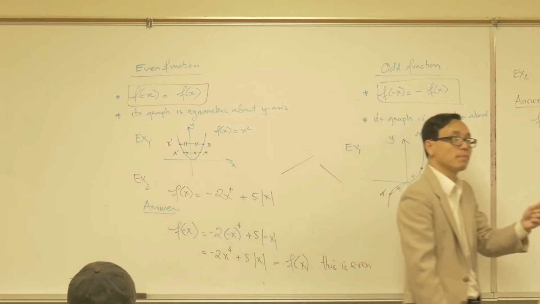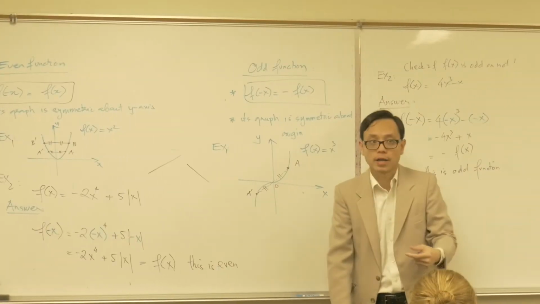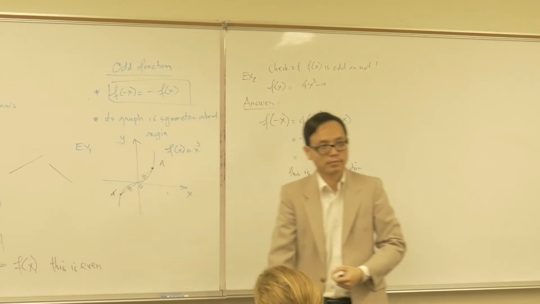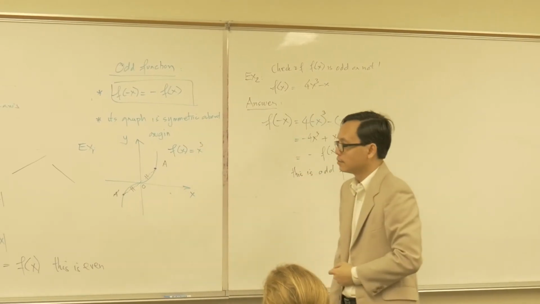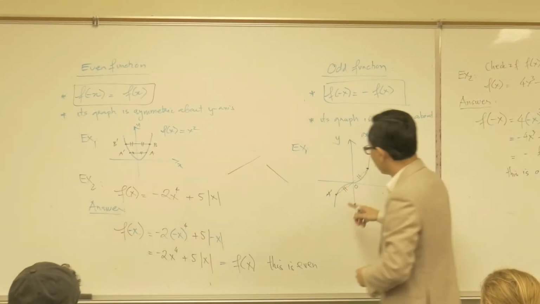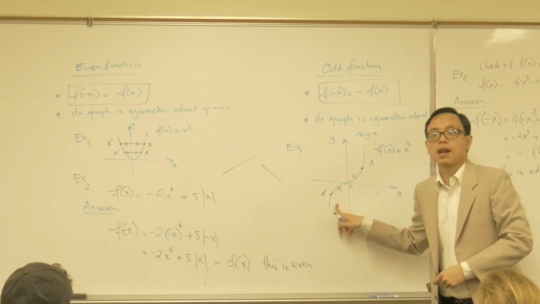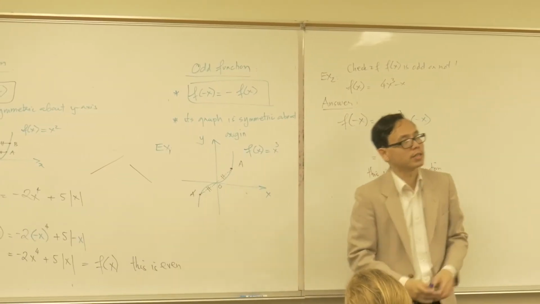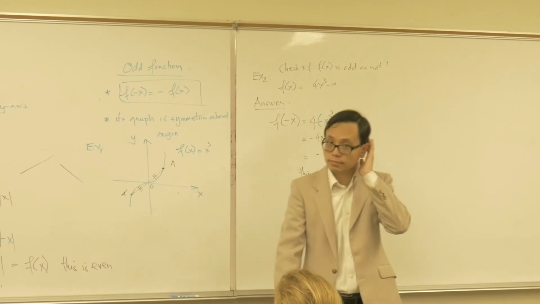But that is when we talk about linear functions. What if a function is not linear? For example, something like this. This is non-linear because it's not a line. Then how do we check if a function is increasing or decreasing?